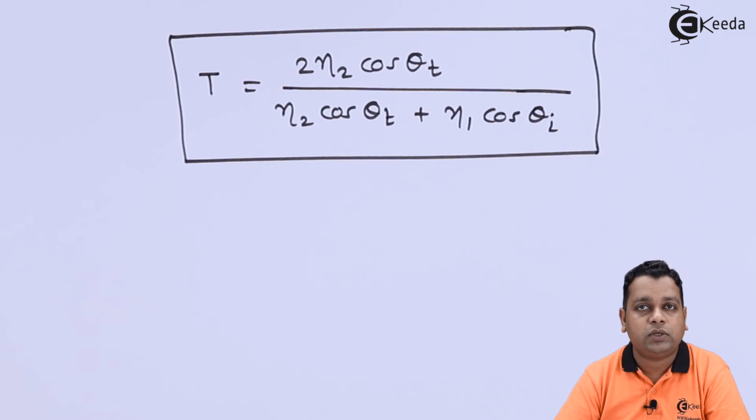The other case we can consider is that the H component is in the plane of incidence. That means the H vector, the magnetic field intensity vector, in the incident wave is parallel to the boundary that separates medium 1 from medium 2. In that case, we have the two formulae for reflection coefficient and transmission coefficient.